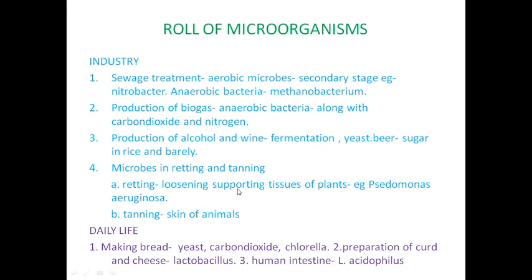Example, Pseudomonas aeruginosa. Next, tanning is the process involving the skin of animals. From the skin of animals we make many things: belts, shoes, caps, dresses, and musical instruments, by the process called tanning.